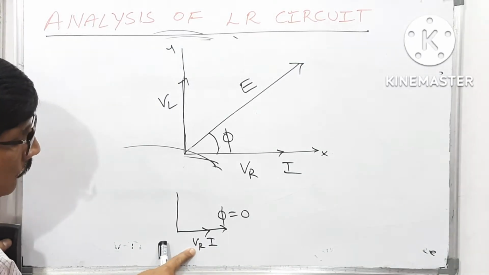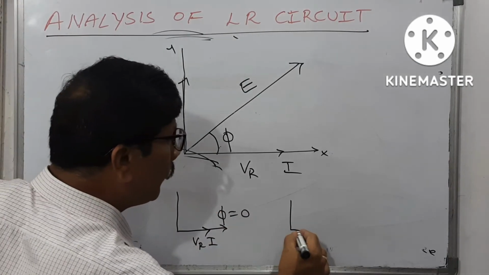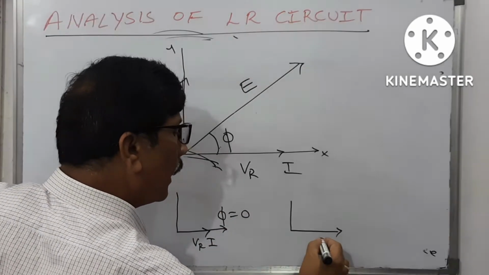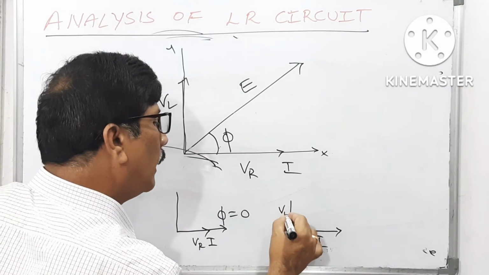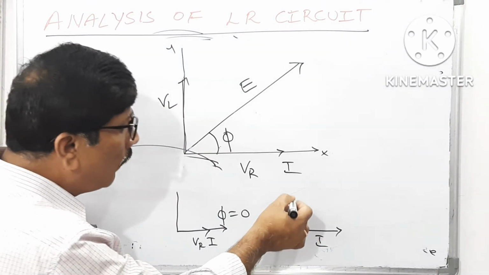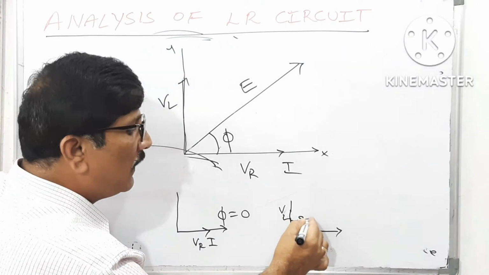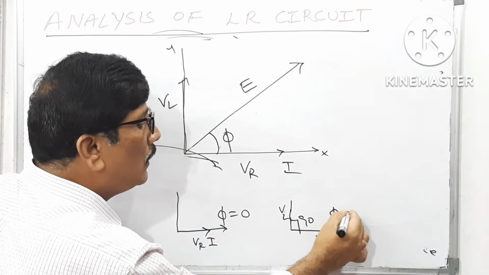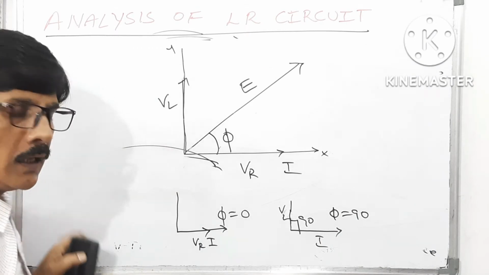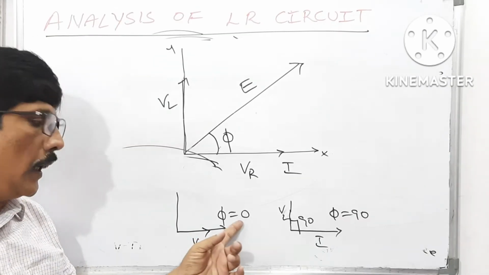When I was explaining the pure inductor, there is only one voltage, VL, which makes a 90-degree phase angle with the current. So when it is only a resistor, the phase angle is 0.